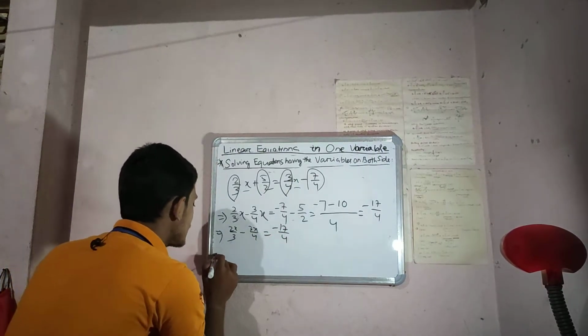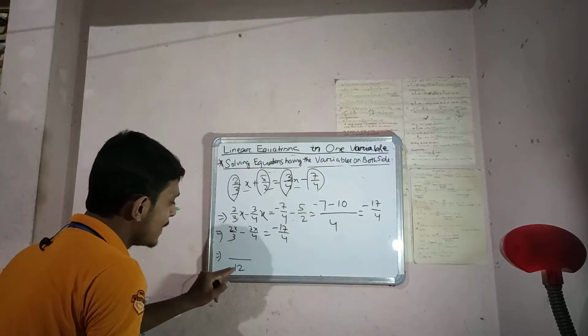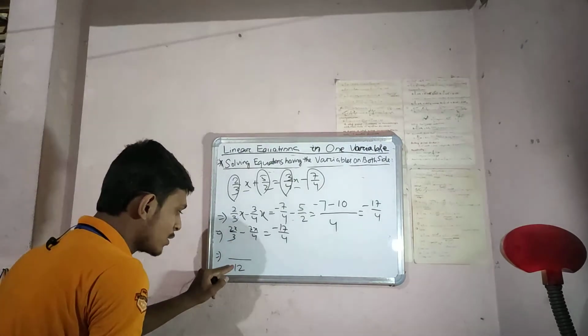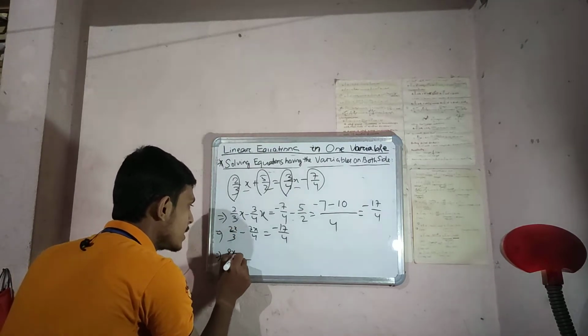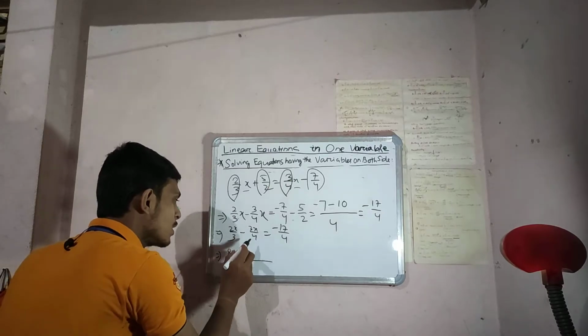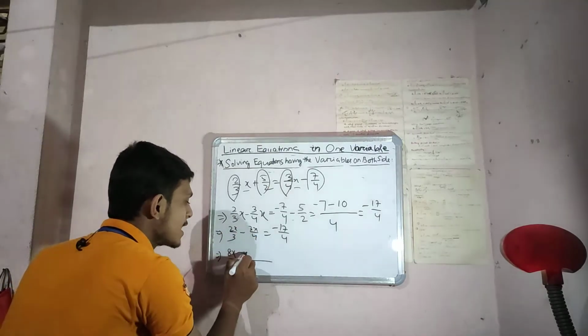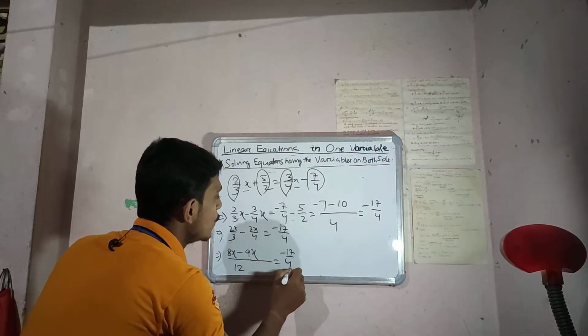Here 2/3 x means 2x by 3, and 3/4 x means 3x by 4, equal to −17 upon 4. Take the LCM of 3 and 4, that is 12. When 12 is divided by 3, it gives 4. 4 is multiplied with 2x, that is 8x. 12 divided by 4 is 3. 3 is multiplied with 3x, that is 9x, equal to −17 upon 4.